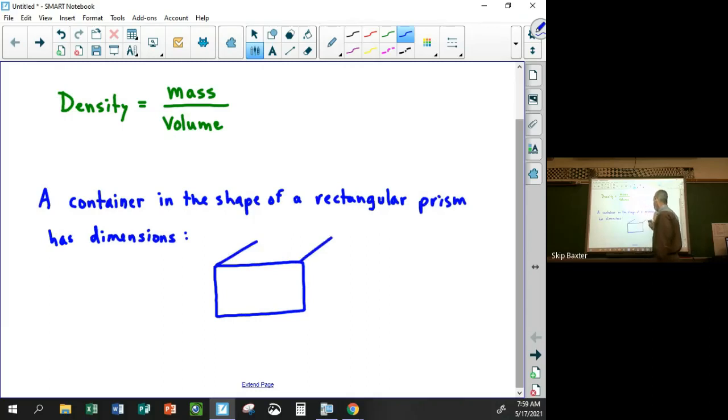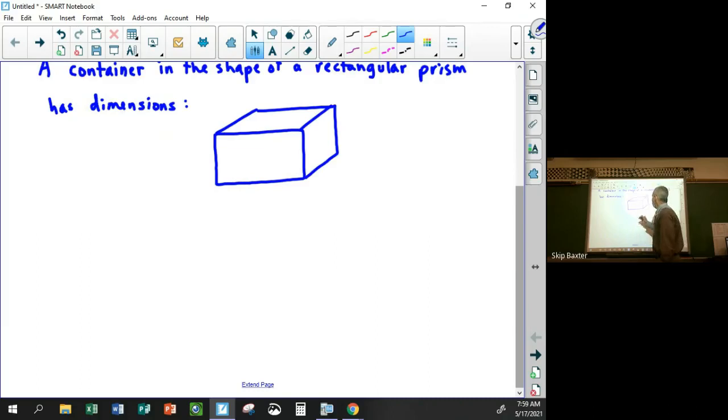So we have a rectangular prism, and let's suppose its dimensions are 10 inches wide, 7 inches this way, and 8 inches high.